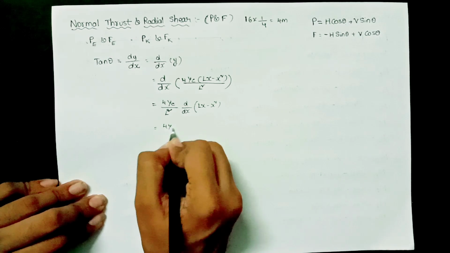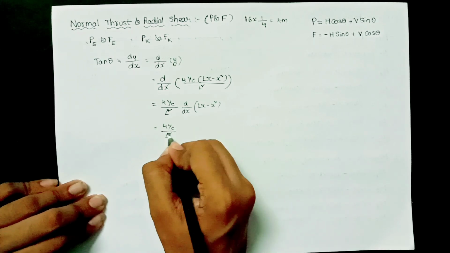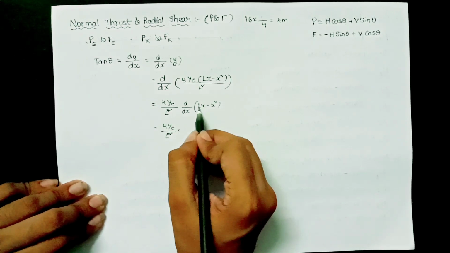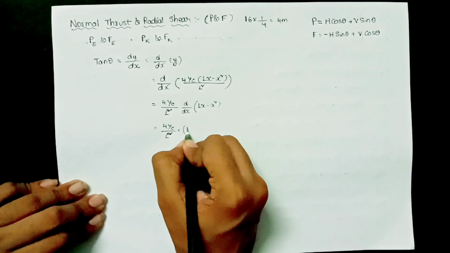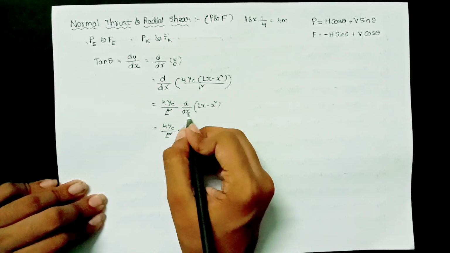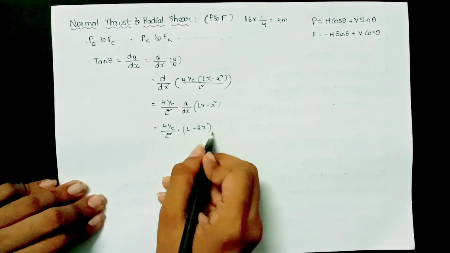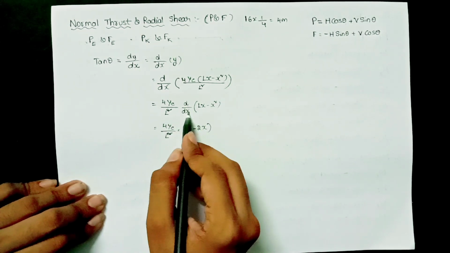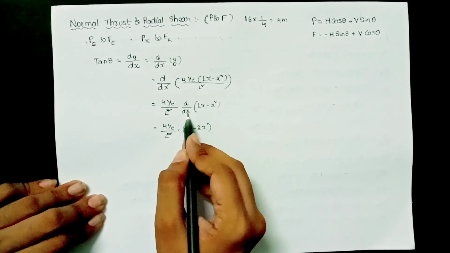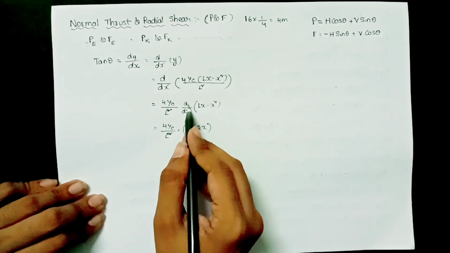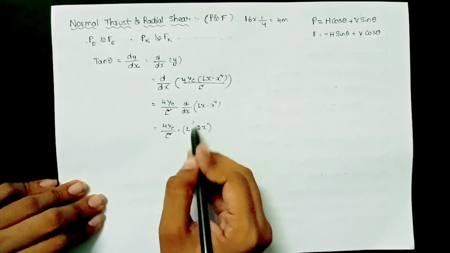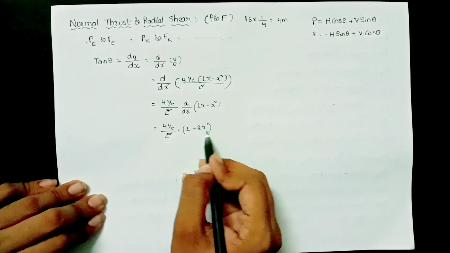So 4yc by L square, this is constant, so it remains as it is, into d by dx of Lx, which is L, minus d by dx of x square, which is 2x. Okay, so this is the formula which is obtained after differentiating this term by d by dx.